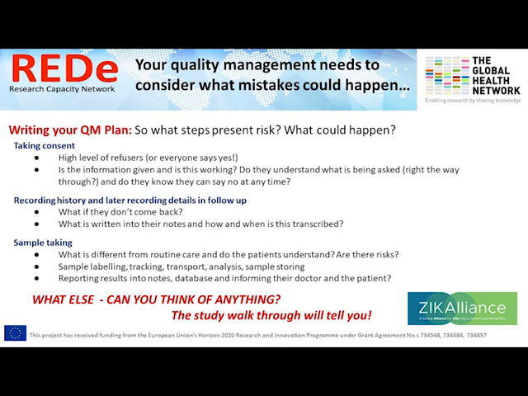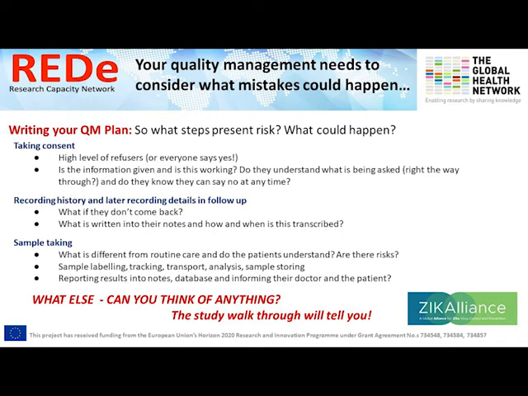And all of this is going to be thinking about where we can spot mistakes that might happen and how you can mitigate them. Lastly, you're going to have sample analysis results to get back to the clinician, put into the patient notes and the case record forms, and thinking about how any results are going to be reported back to the patient.